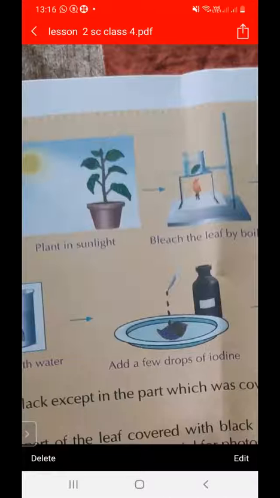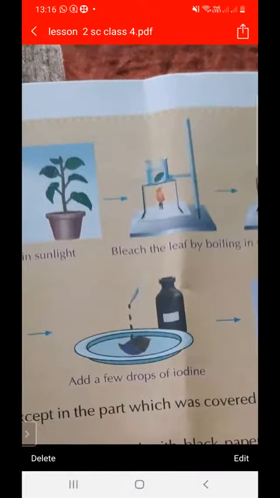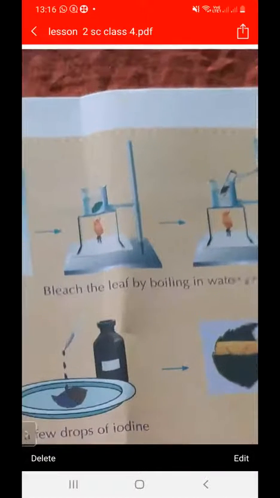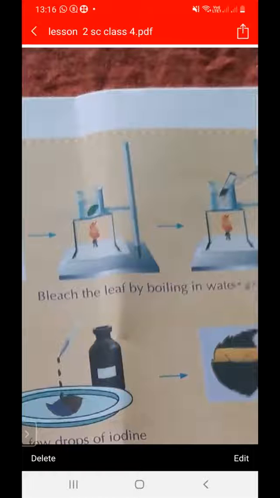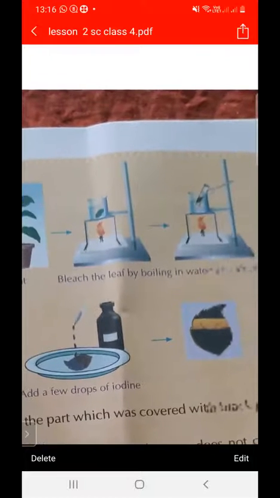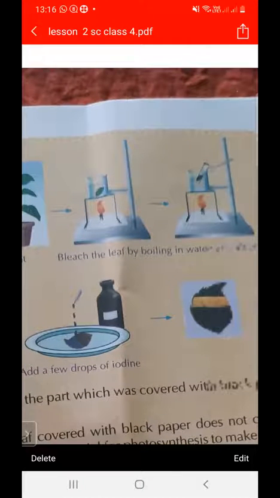Now we will take this leaf and boil it in water, just as shown in figure 3. Add this leaf into the beaker as shown in the figure, add some water, and boil it.